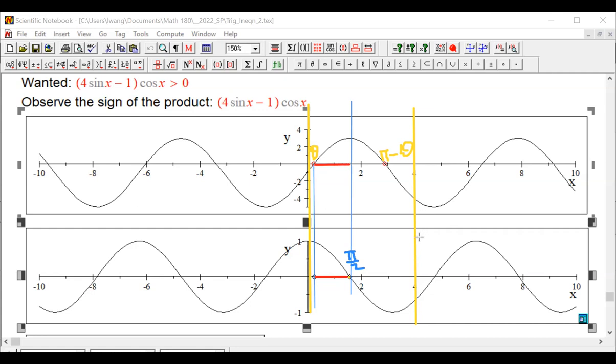Okay, this is 4 sine x minus 1. So this piece is positive, and multiply this positive piece, that's positive. So I found one solution. That solution, I'm going to mark it, which is the red. Okay, so just be patient with me.